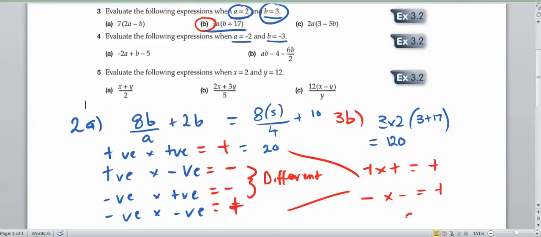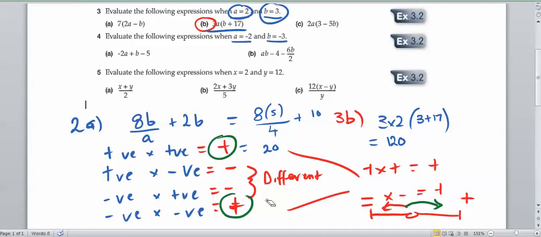If we have a look at a number line, this is the positive direction, this is the negative direction. The opposite to a negative direction is going to be the positive direction. So you need to know those facts when you're adding and subtracting or multiplying through by a negative number.